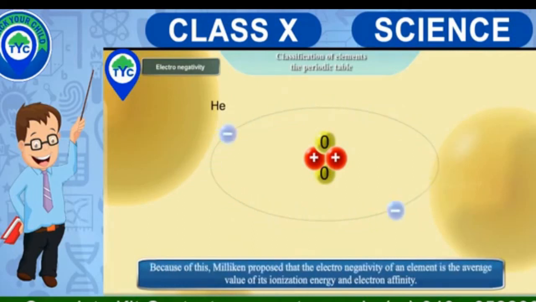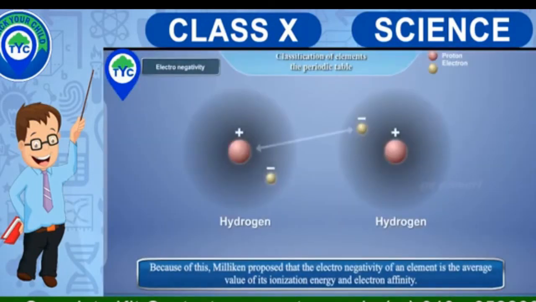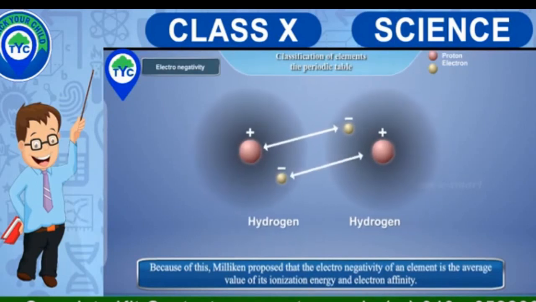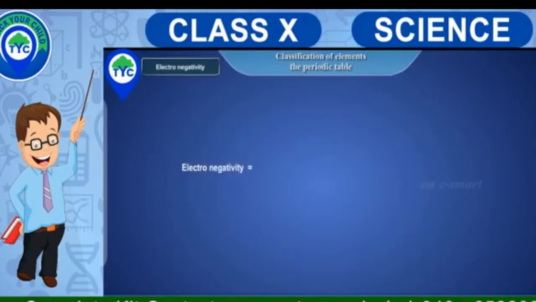Because of this, Mulliken proposed that the electronegativity of an element is the average value of its ionization energy and electron affinity. Electronegativity equals ionization energy plus electron affinity divided by 2.